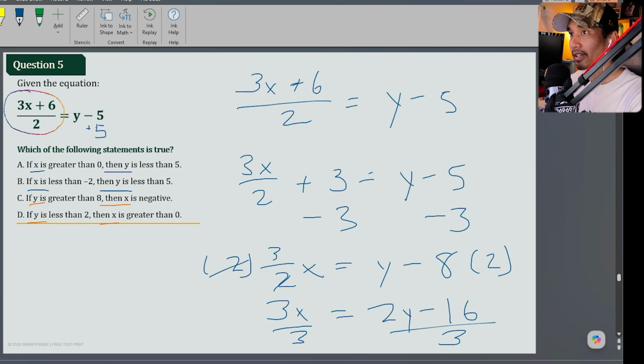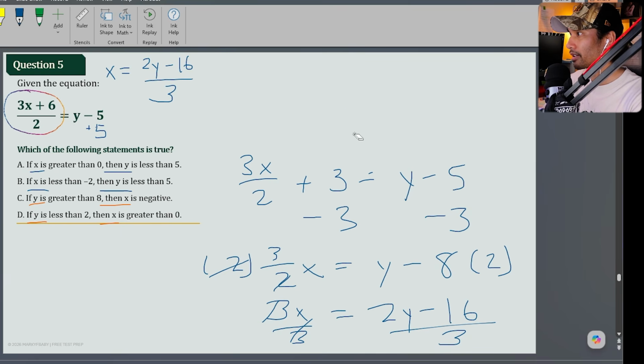That is freaking ugly. But let's see what happens. I'm very curious to see if I could get the answer like this. So my equation in terms of x is (2y minus 16) over 3. I just want to see what happens, okay?